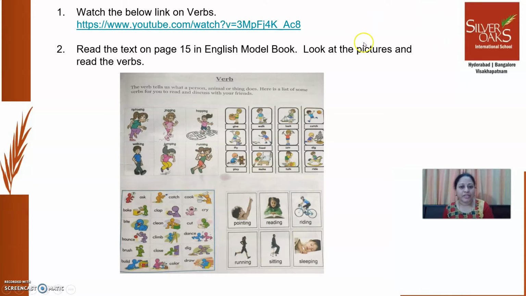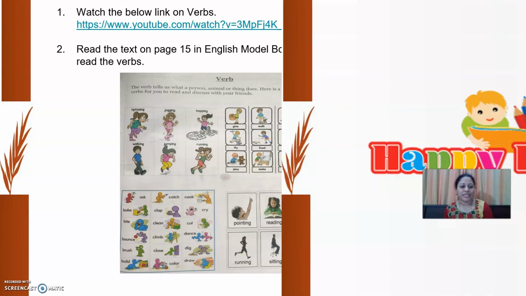Also, look at the pictures and read the verbs. See, all these pictures, they show some kind of action. Means all these words are verbs. Look at the pictures and read each and every verb. Right? So, that is your learning engagement for today. Simple, right? No writing task. But listen to the video carefully and also read this page.